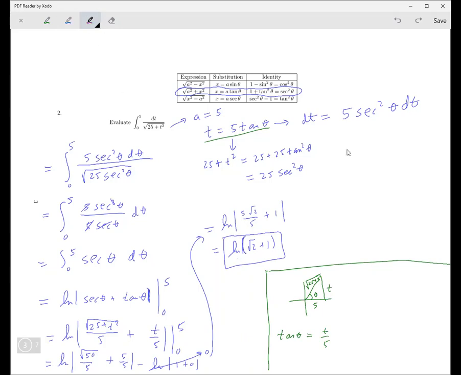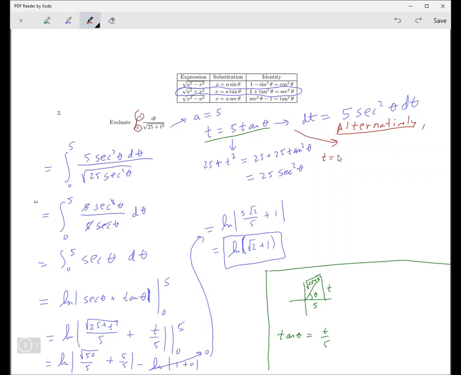So that would be the answer. Now, another way I could have done this, because these are nice numbers here, is alternatively, it goes from t equals 0 to t equals 5.